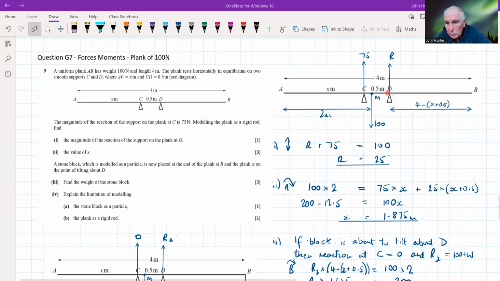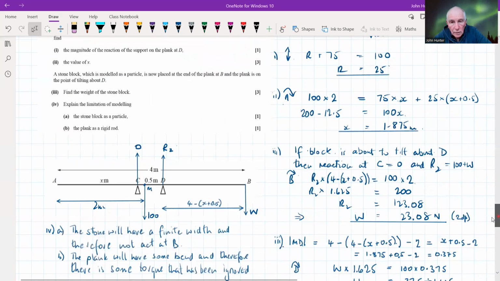Well, that's X, and that's 0.5. So the whole thing from A to D is going to be X plus 0.5. It gives us a nice equation in X, and we can just work that through. And that gives us X equals 1.875 meters. So it's kind of most of the way to the center, isn't it? It's not far from the center. Okay, so that's parts 1 and 2.